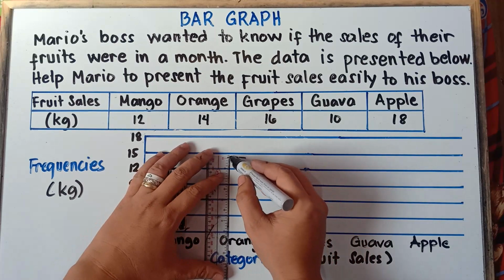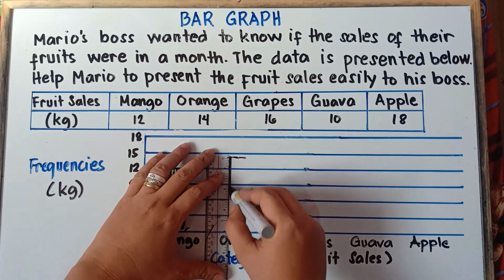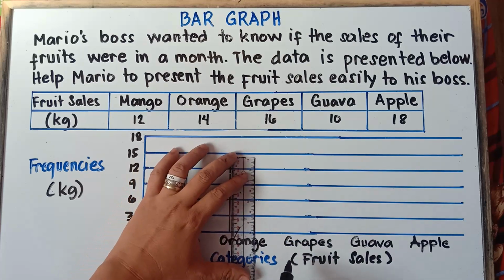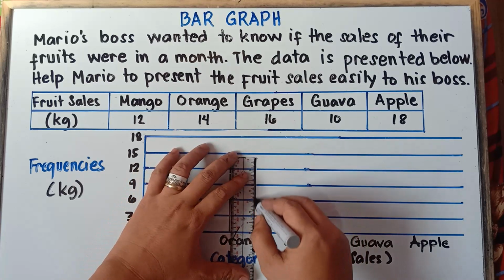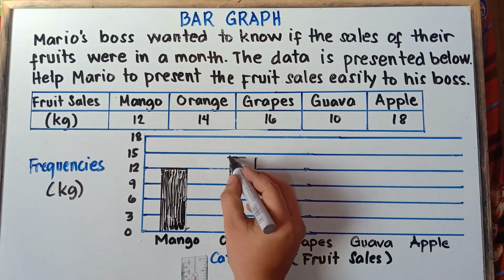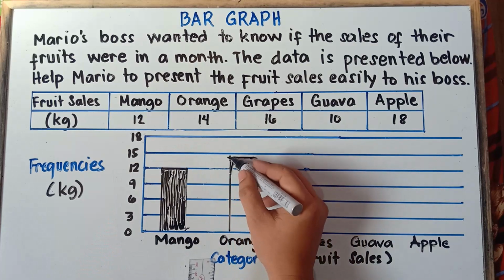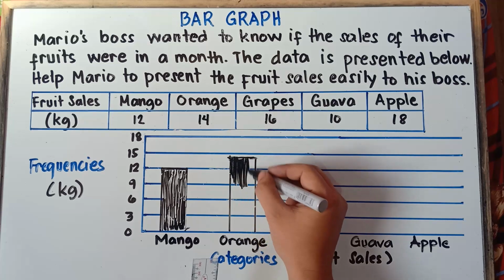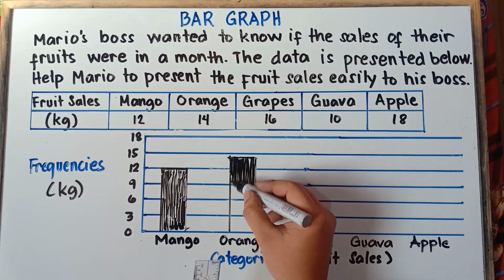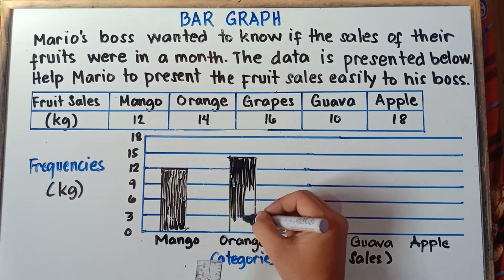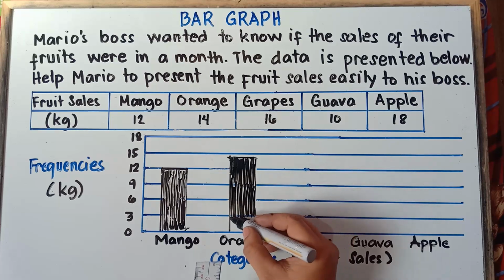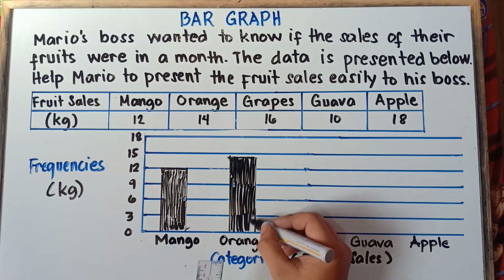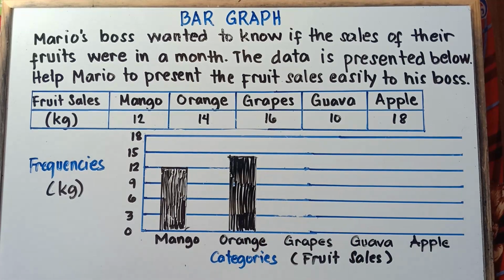Then simply use your ruler, and then you can shade this one. Once again, you can use your crayons or color pen if you have. Alright, we're done with orange.